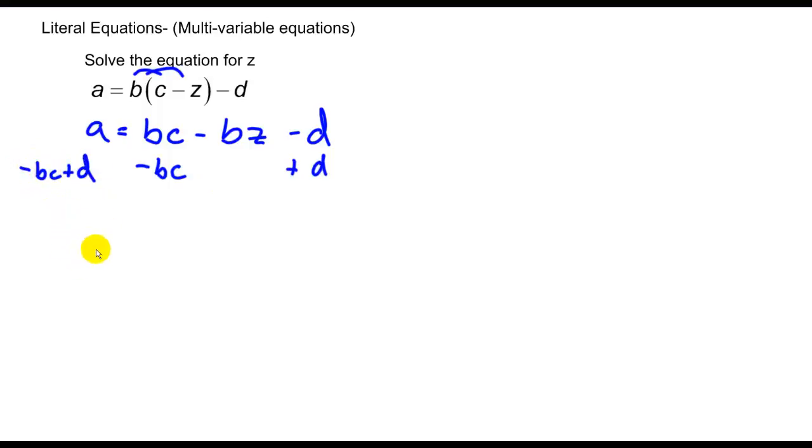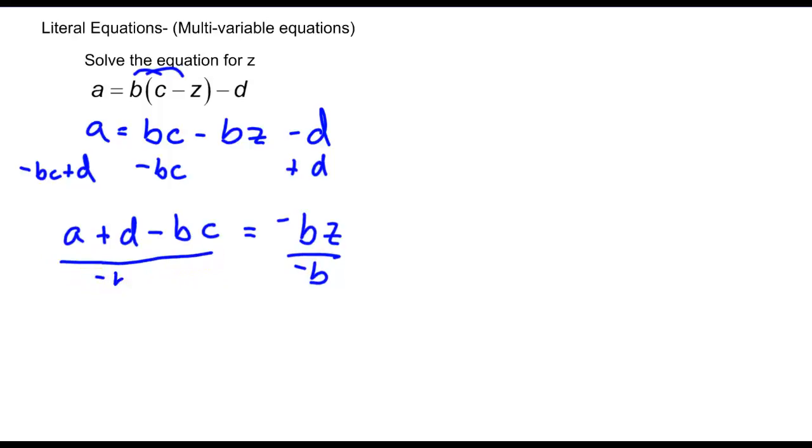Notice there's no like terms there, so I have a plus d minus bc equals negative bz. If I divide both sides by negative b, I end up with the following term on the left.